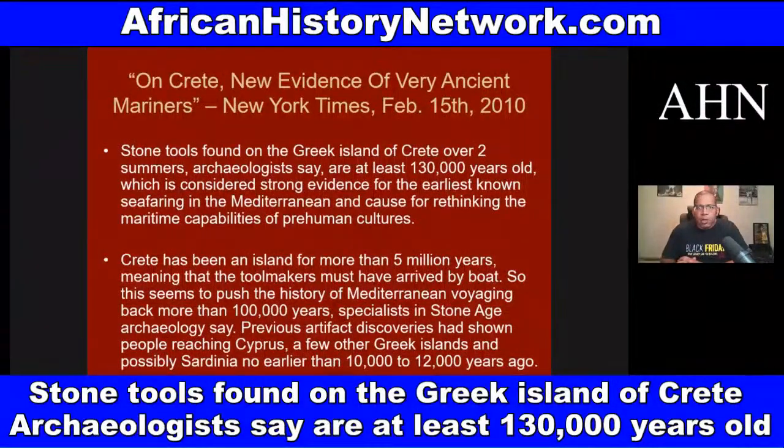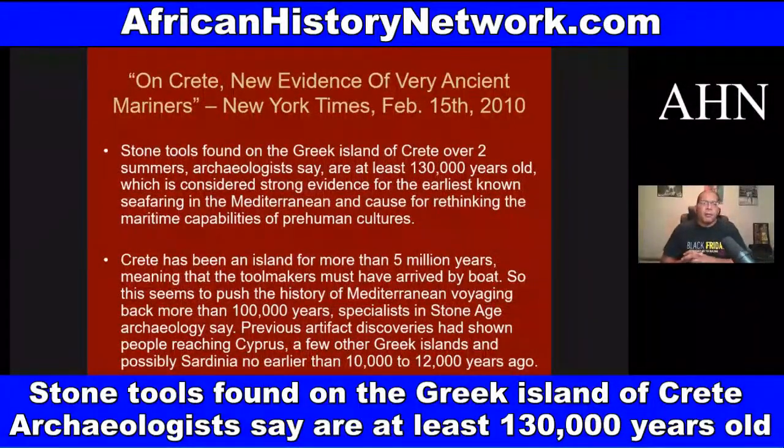On Crete, new evidence of very ancient mariners. On February 15th, 2010, this article came out in the New York Times, in their science section. It deals with a discovery made over the course of two summers.